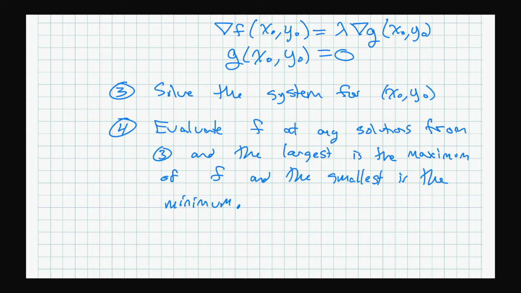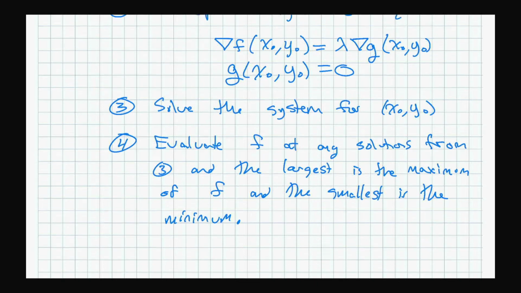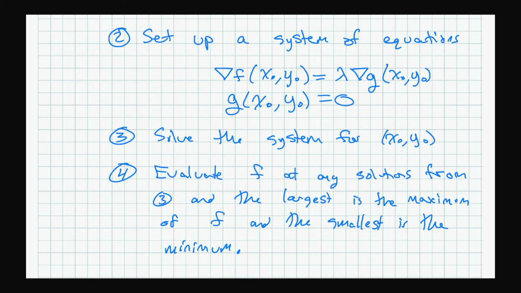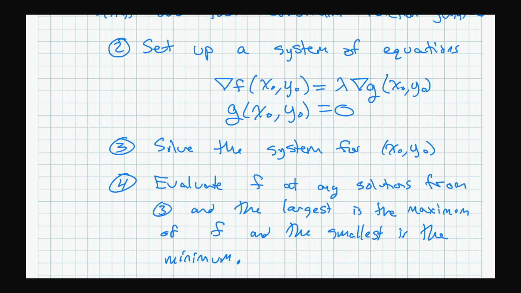One of my first comments here is that it looks like there's 2 equations. There's actually more than 2 equations. Remember that the gradient is a vector. So when you write gradient f, there's actually an x component and a y component.